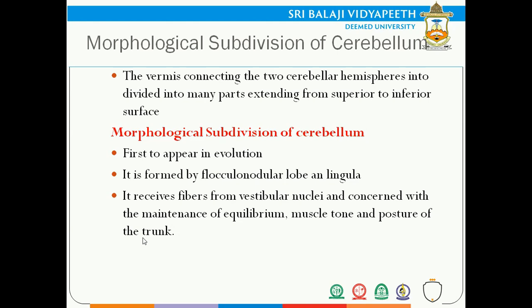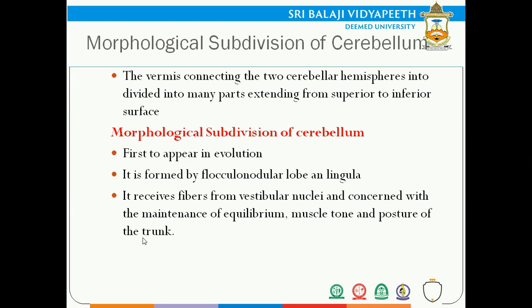Second, maintenance of muscle tone. We can put the maintenance of muscle tone under two broad headings. It maintains equilibrium within the movements, and it is also responsible for the proper tonic movement mainly.